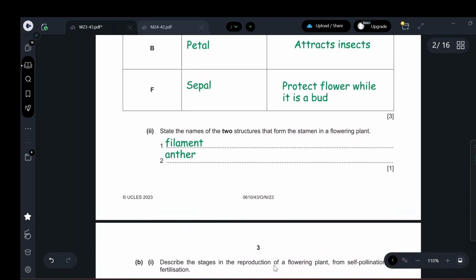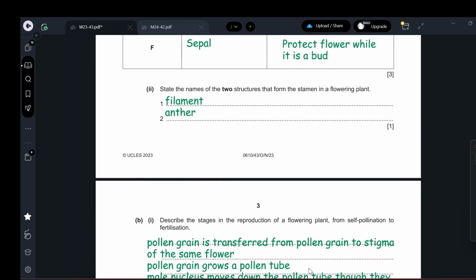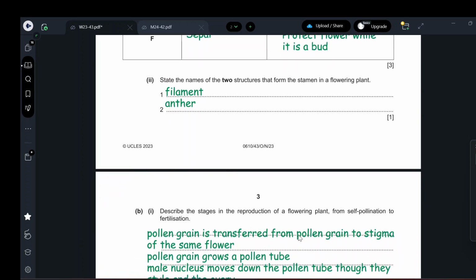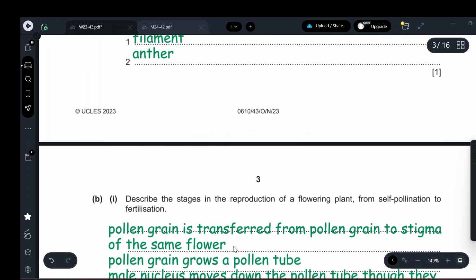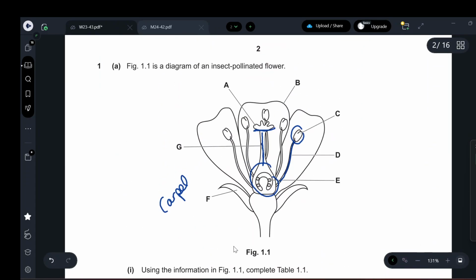Describe the stages in the reproduction of a flowering plant from self-pollination till fertilization. Okay, the first thing is to tell him what is self-pollination. It is the transfer of the pollen grain from the anther of the flower to the stigma of the same flower. After the pollen grain arrives at the stigma, what happens?